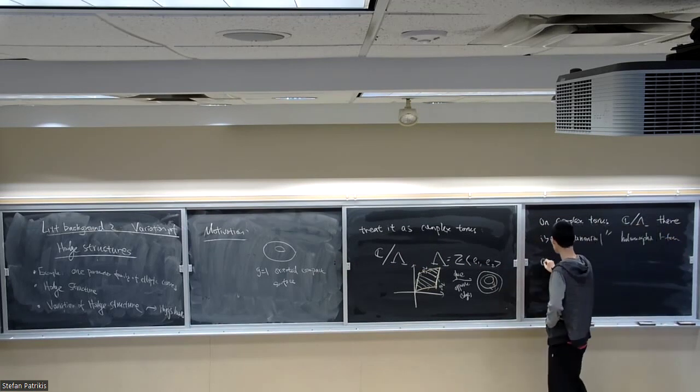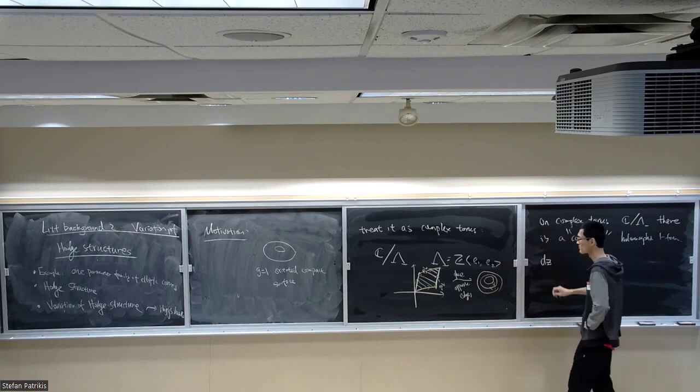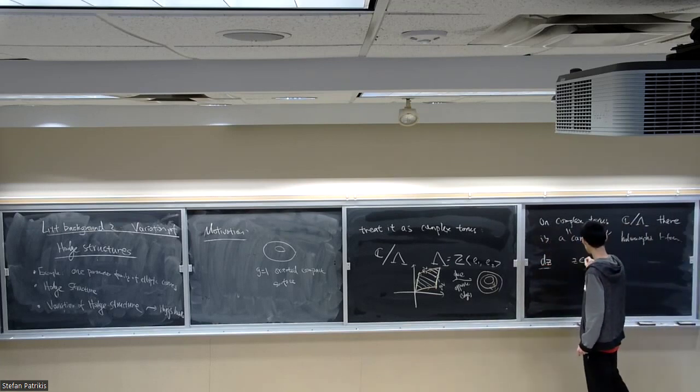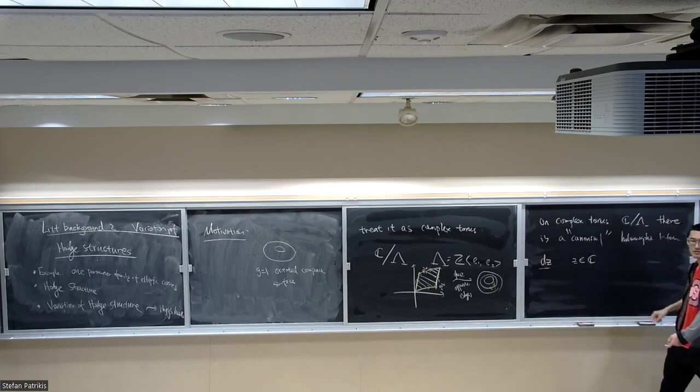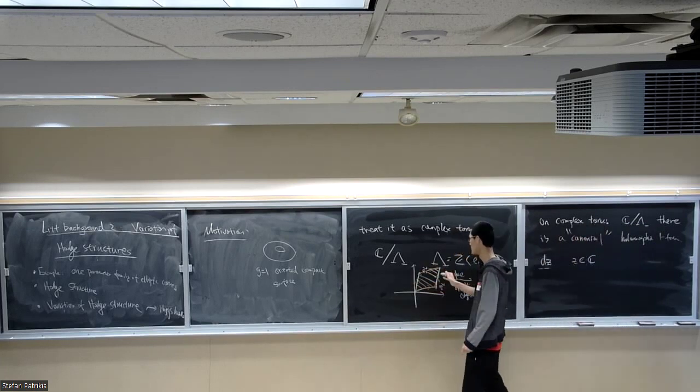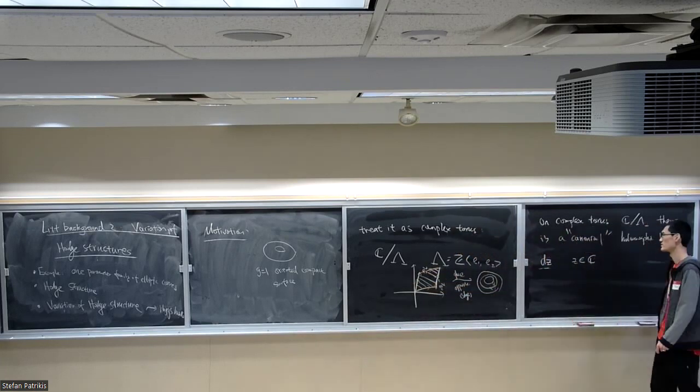This is just induced from dz, where z is the complex parameter for C, and this naturally induces a form on the quotient.